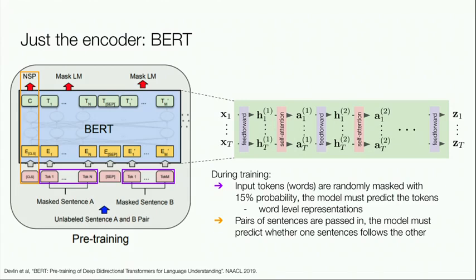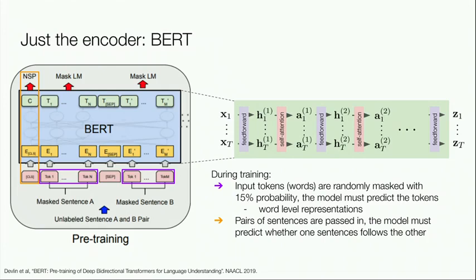These pairs are either right next to each other in the training data set, or a random pair of sentences from different places, so they don't have any relationship. The model then needs to predict whether these sentences actually come together in my training data set or not. This is in some sense trying to learn sentence level reasoning, higher level reasoning than just reasoning across different words.